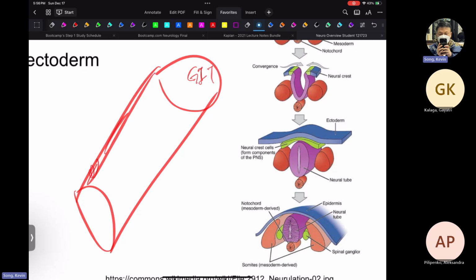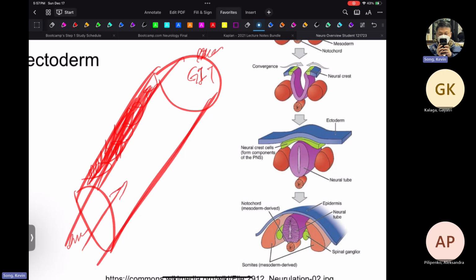Outside means these cells are outside the body, because this is the mouth and this is the anus, and the whole tube's inside is actually outside.